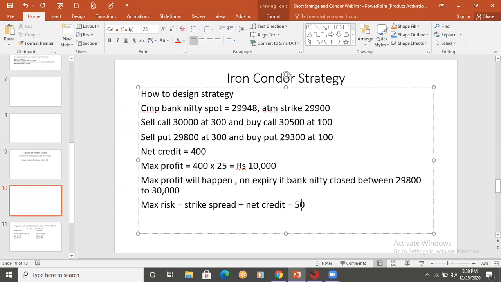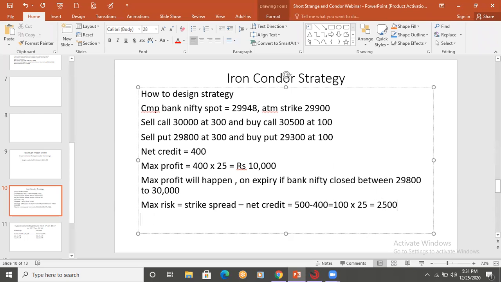So here you can see strike spread is 500 points, net credit is 400 points. So maximum risk is 100 points. With lot size 25, maximum I can lose 2,500. So if I'm getting a very strong rally on upside or on downside, my maximum loss is fixed. I cannot lose more than 2,500 from this strategy.